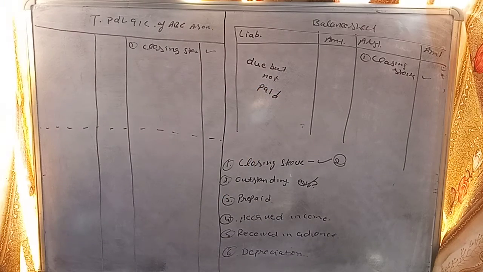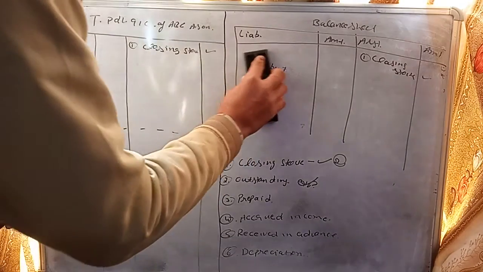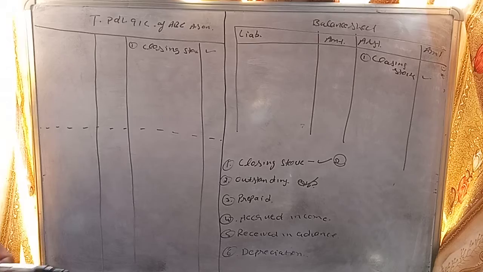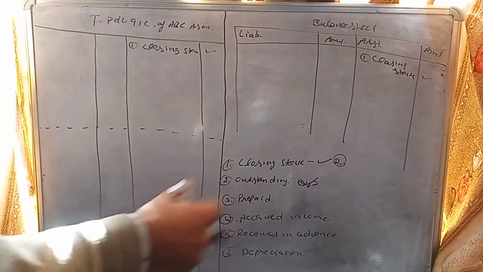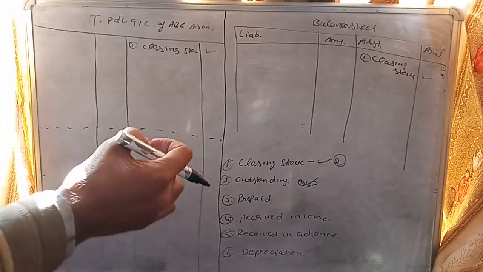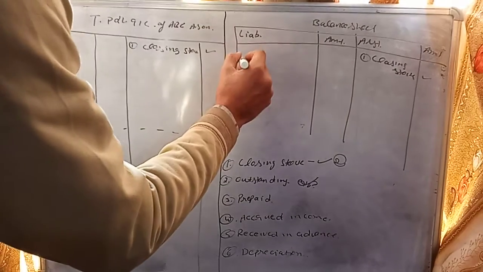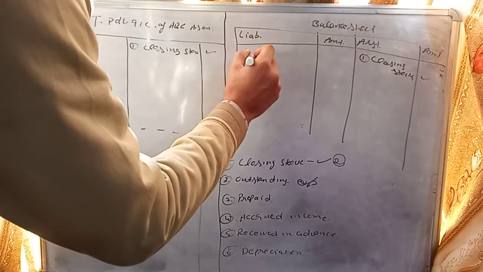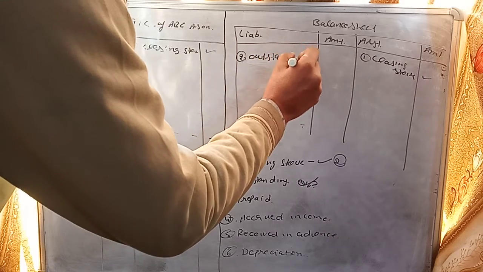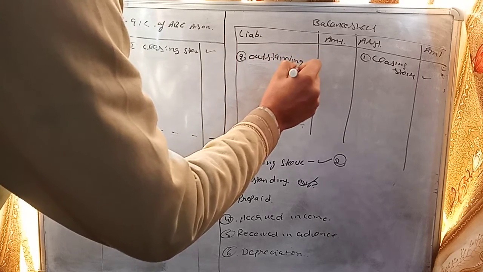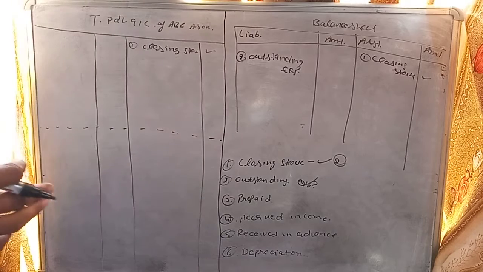So it simply means we have not paid, which means we have to pay. We are liable to pay. If we are liable to pay, it becomes my liability. So I will mention outstanding expenses on the liability side. Outstanding expenses, right?